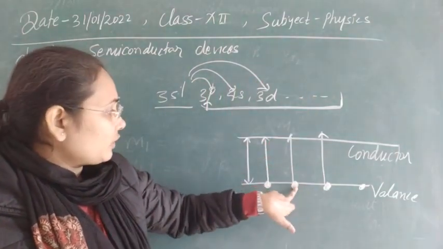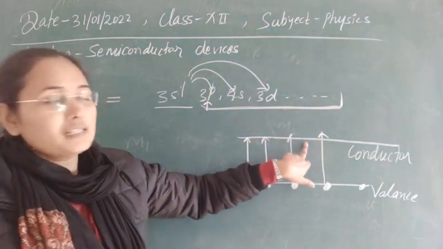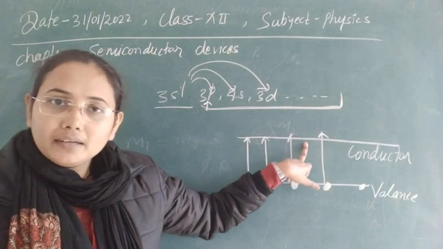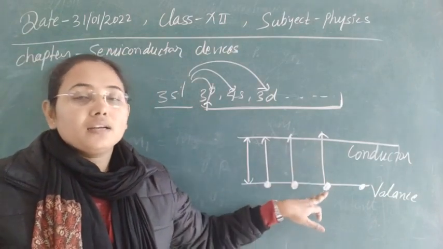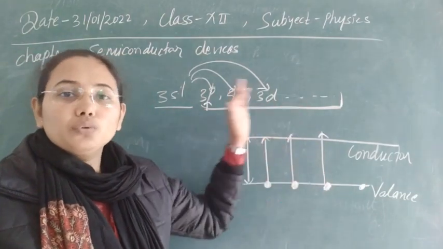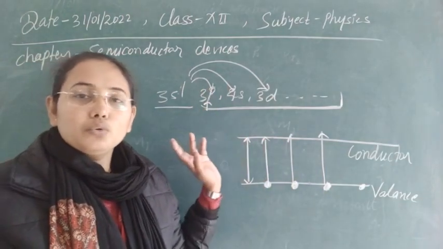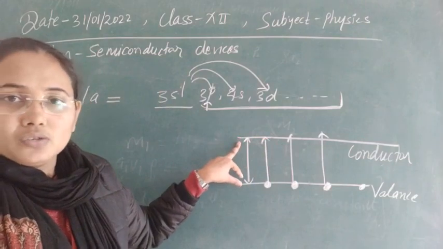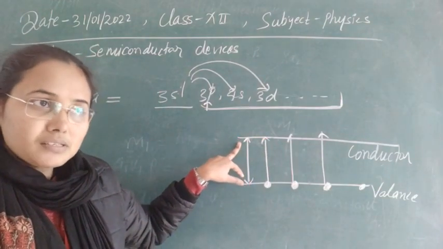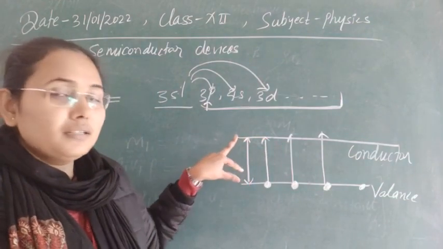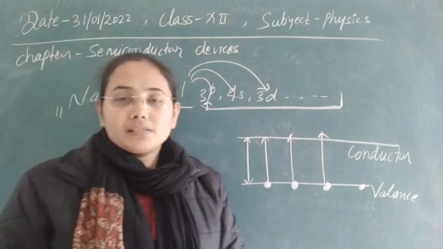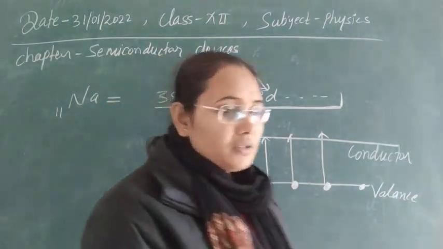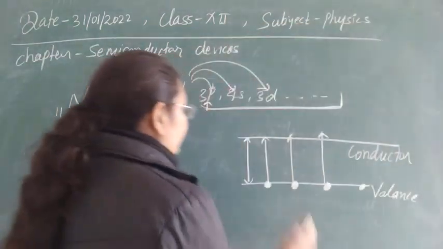It cannot lie in between the conduction and valence band. Either it exists in the valence band, or it goes to the conduction band. So there are only two possibilities. This state is forbidden, and that's why we call this whole gap the forbidden energy gap. This is our band picture of solids.